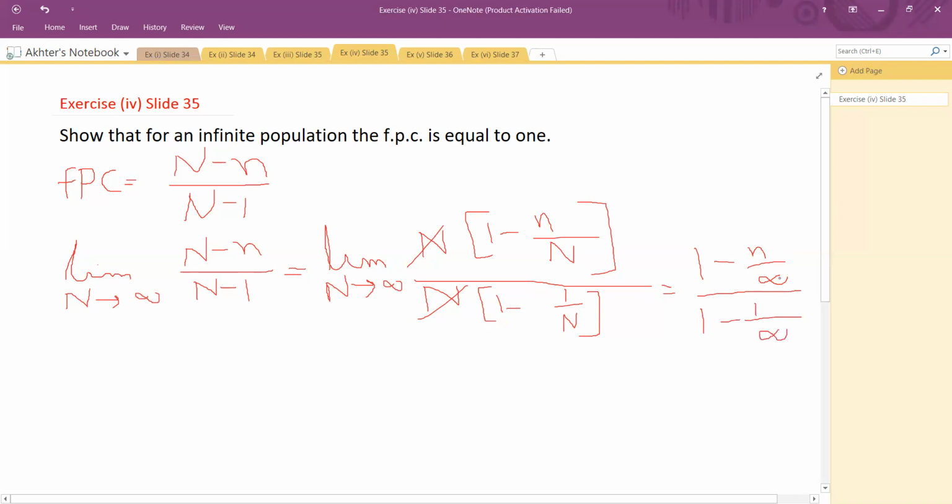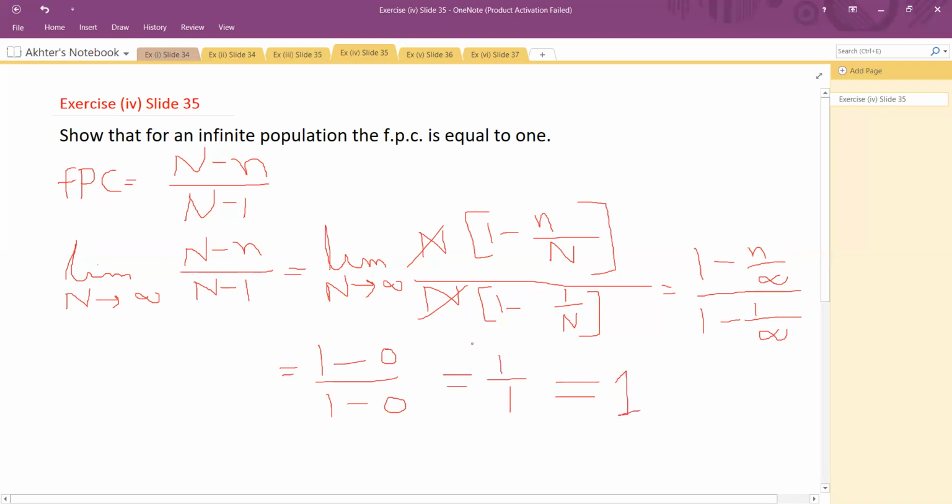And all of you are familiar that n upon infinity is 0 and 1 upon infinity is also 0. So this is equal to 1 minus 0 divided by 1 minus 0, and we can say that it is equal to 1 upon 1, which is equal to 1.